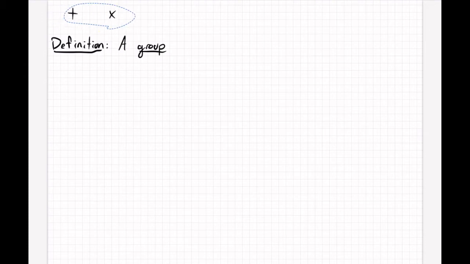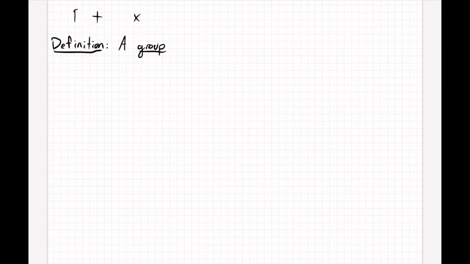And so this definition is the definition of something that mathematicians call a group. And addition on the real numbers defines a group. And multiplication on the real numbers without zero defines a group.